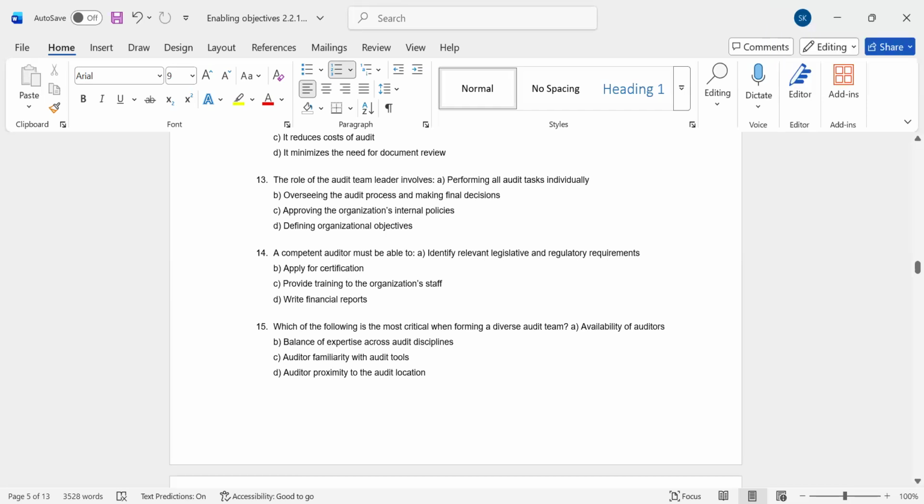It's B. Overseeing the audit process and making final decisions. Yes, that's the best fit answer. The lead auditor has to see the work of subordinates also and then make the final decision. So the team leader's responsibility is overseeing the audit process and making final decisions.